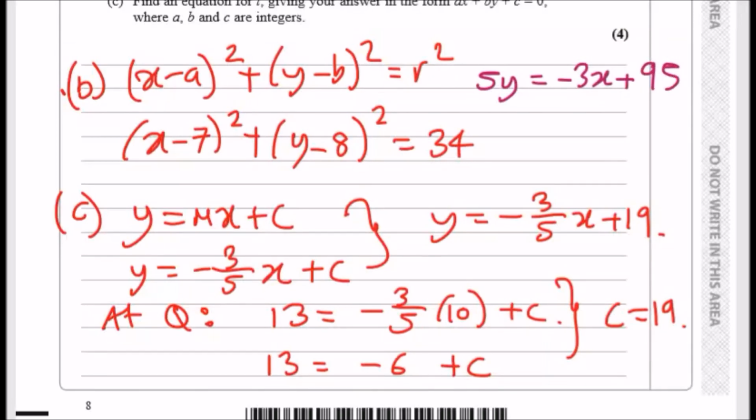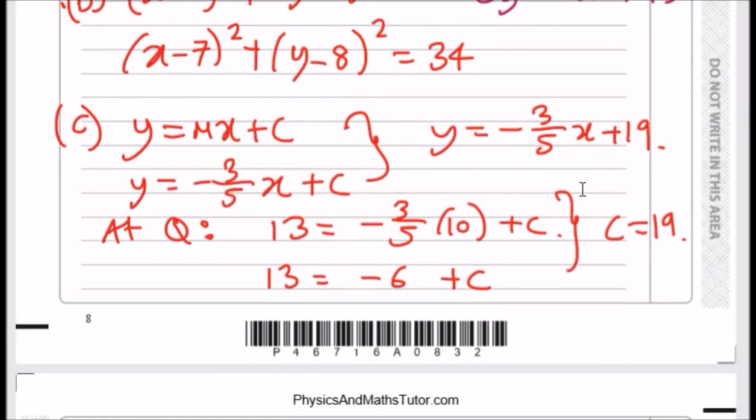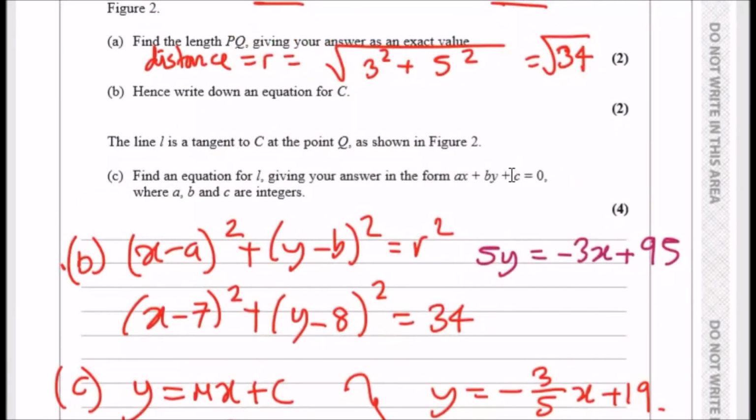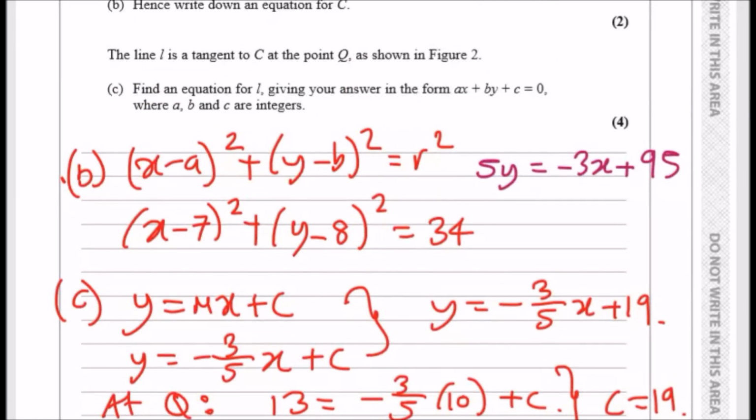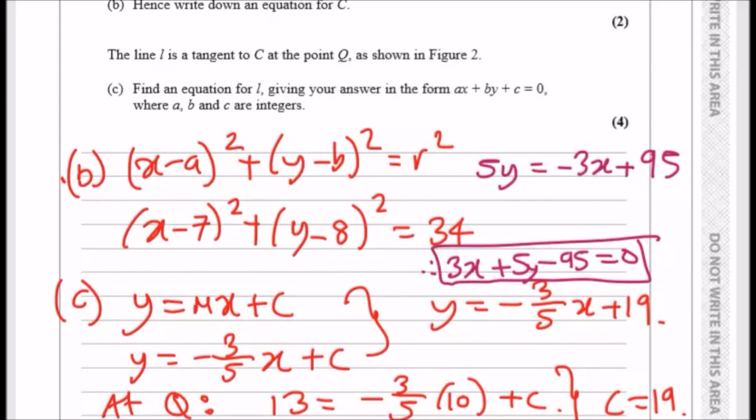And then just throw everything to the left hand side. So throw 3x across and the 95, and you should get 3x plus 5y minus 95 equals 0. And that's it. Case closed.